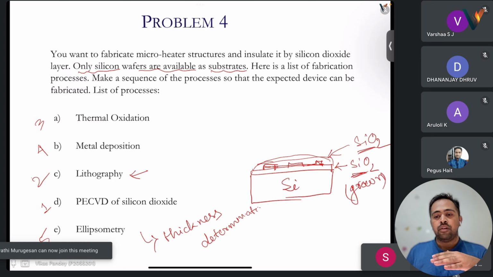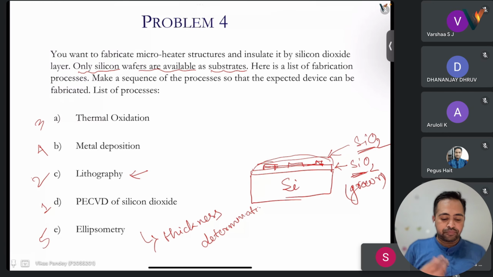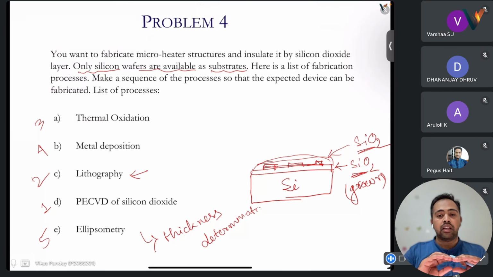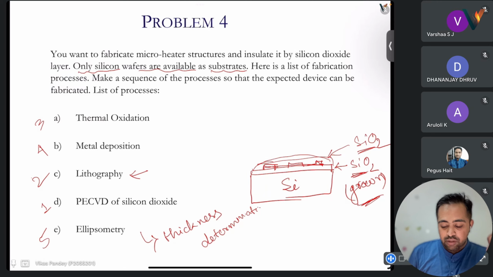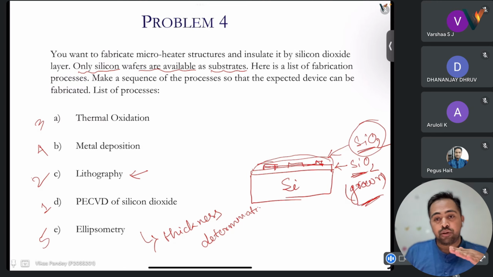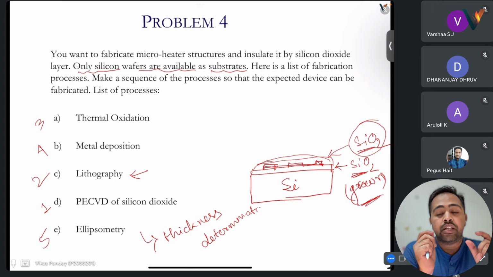The first one is grown: something is there, you are doing some processes, and a layer will grow over it. So this is a grown oxide. Then the last one is a deposited oxide. There is a slight difference between these, and this slight difference will have a lot of effect on the quality of this silicon dioxide also. So the lower one, since we already have silicon, is grown.